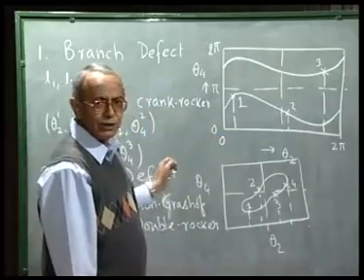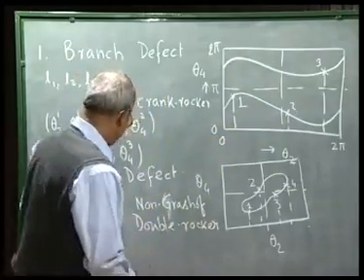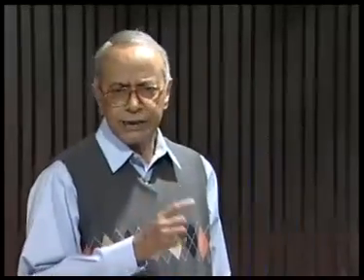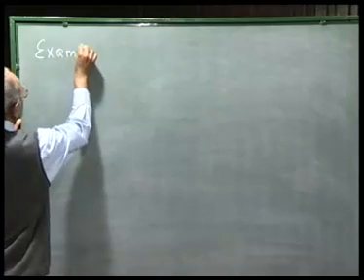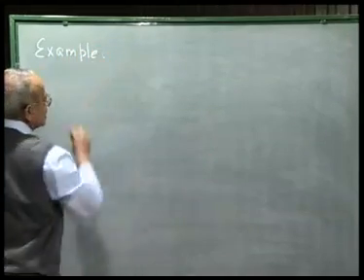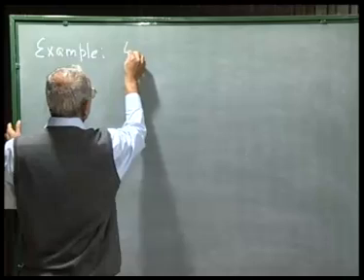I will show this with a typical example. Let me now discuss an example to explain what we mean by branch defect. We talk of an example with respect to a 4R linkage.